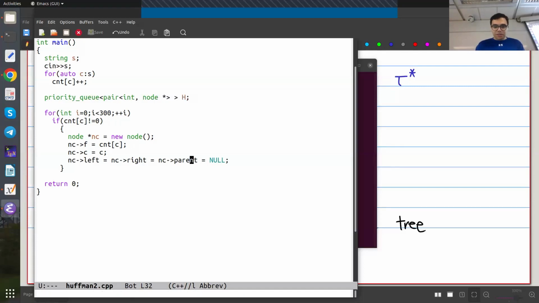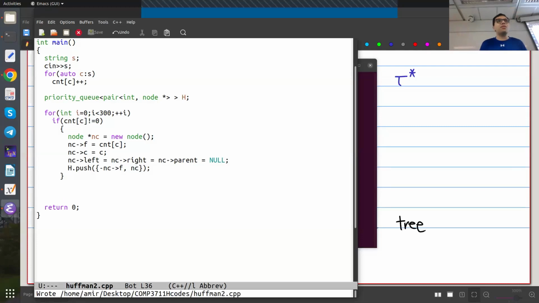And here I'm just going to say H.push this. For the frequency, I'm going to use the frequency times -1, because remember, I want to have a min heap, not a max heap. And for the node itself, it's just NC. So now every element in the heap is a pair. The first part of the pair is the frequency times -1, and the second part is a pointer to the node.